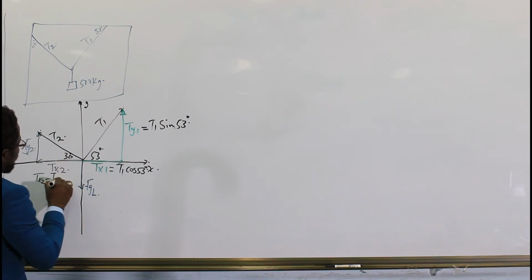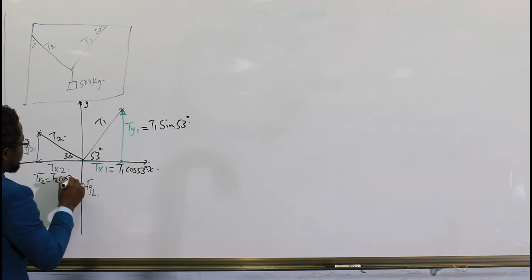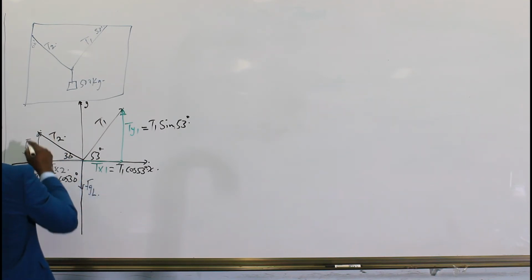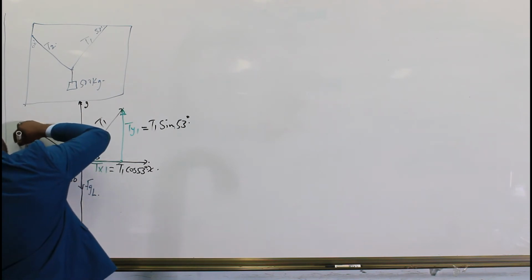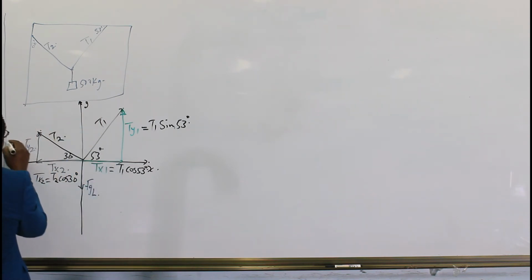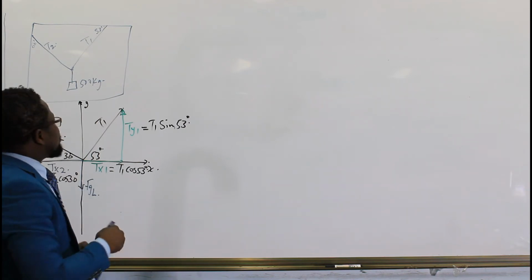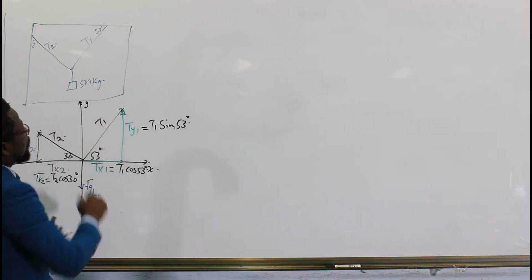So that will be T2 cos 30 degrees. And this side, we are going to have that part to become our Ty2, being equals to what? T2 sine 30 degrees. Right, good. I have resolved and found all the components on this.